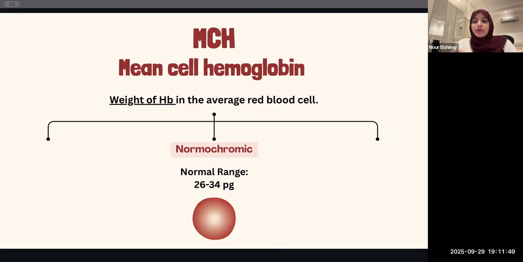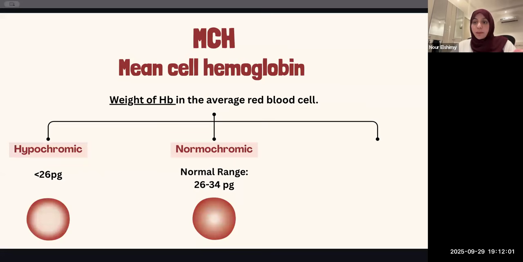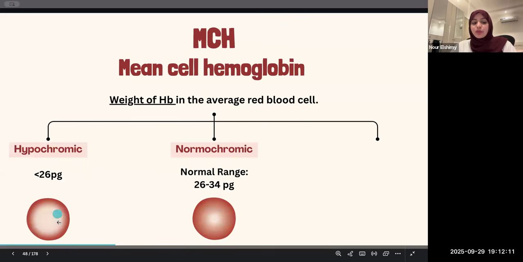So if it's within the normal range, which is 26 to 34 picograms, this is how it's supposed to look, okay? But if it goes below the range, it's going to be hypochromic. Hypo means less, below. So below the average, hypochromic, so less color basically. So it's going to look paler. As you can see right there, it looks so much paler in the center, right?